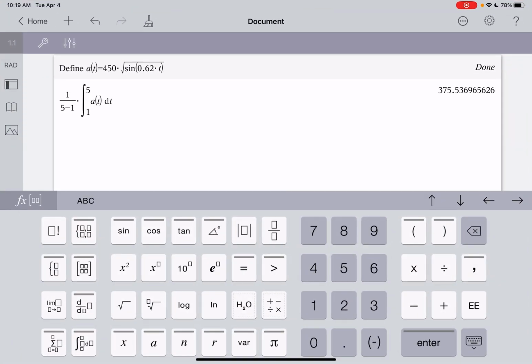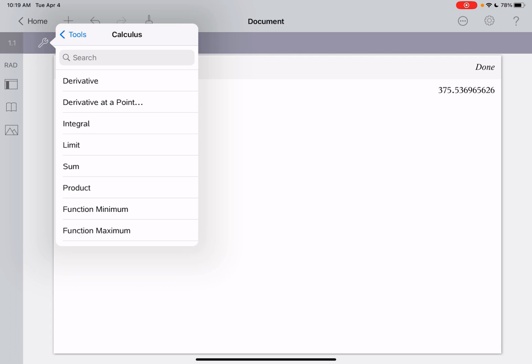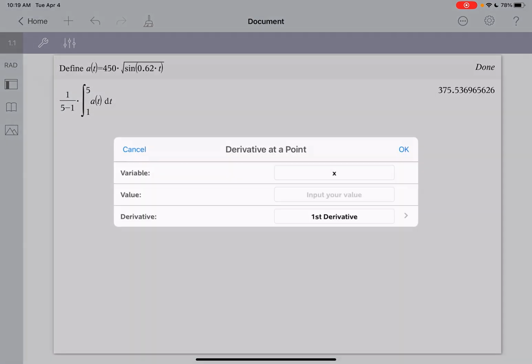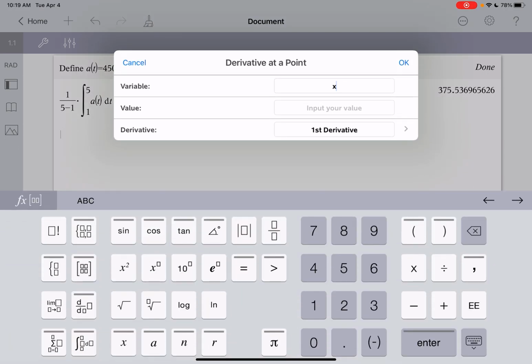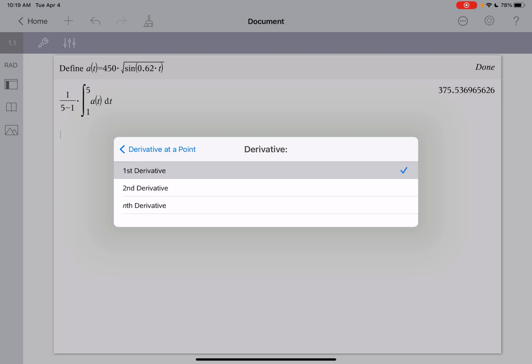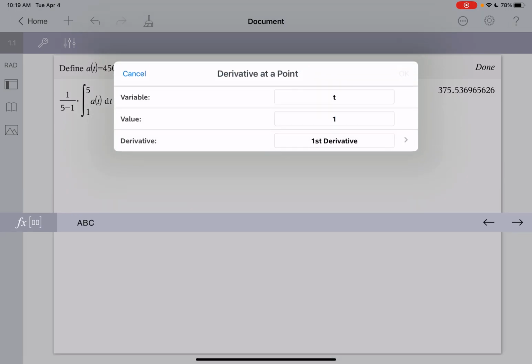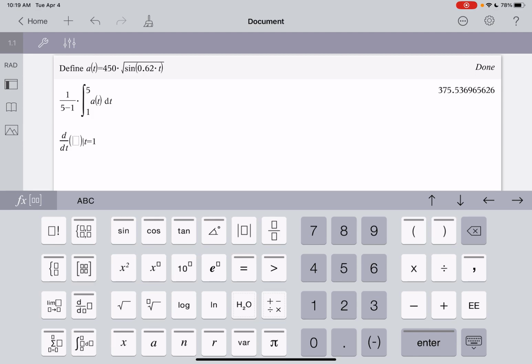All right, guys, you're going to go to your calculator and type menu 4 for calculus, and then we're going to hit number 2 here, which is derivative at a point. Now, the variable by default is x, but I called this one t, so I better go back and change that. The value at which we want the calculator to evaluate this derivative was t equals 1. And if we were looking for a second or a third derivative, okay, but no, first derivative is what we're doing right here. So let's hit OK, and it opens up this for us.